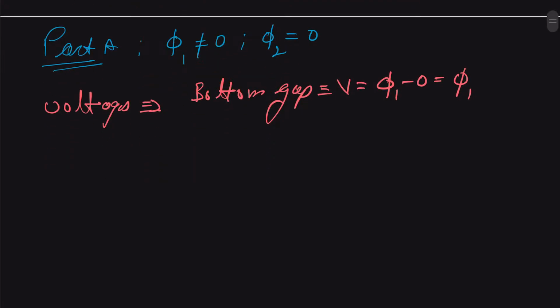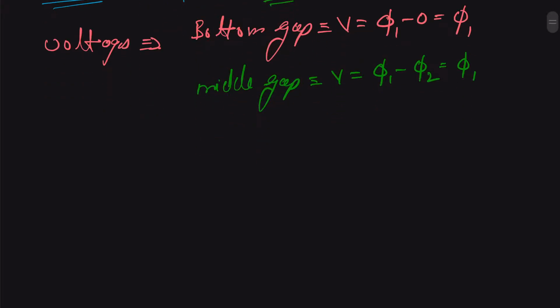And then we come to our middle gap. This V will be equal to phi 1 minus phi 2, but we have taken that our phi 2 is equal to 0, so this will also give us our phi 1. Okay.